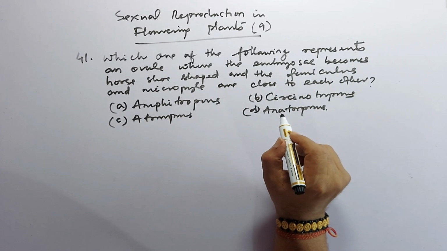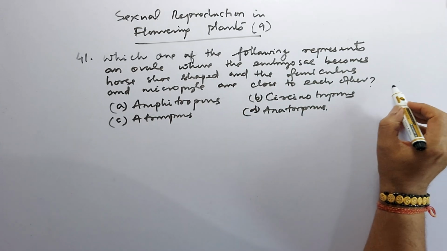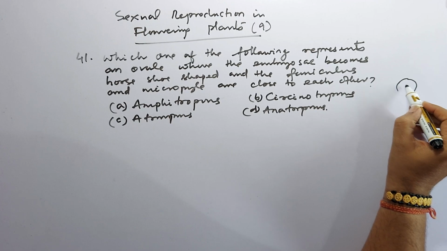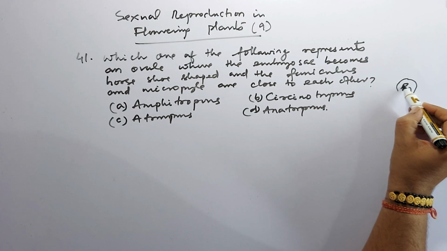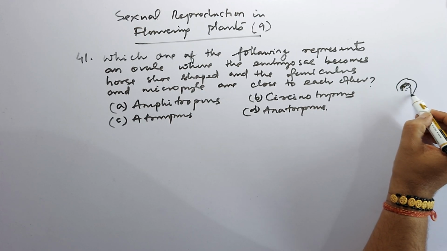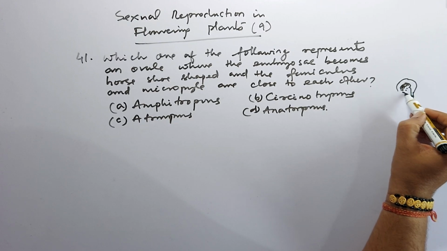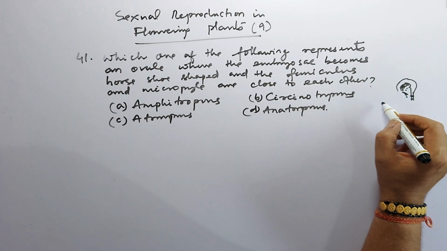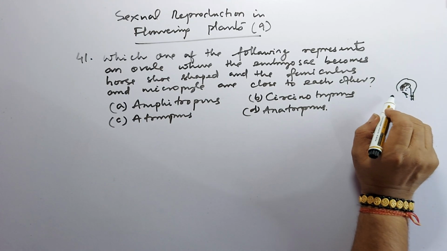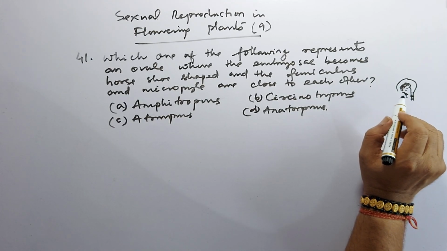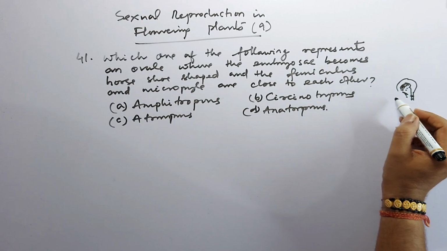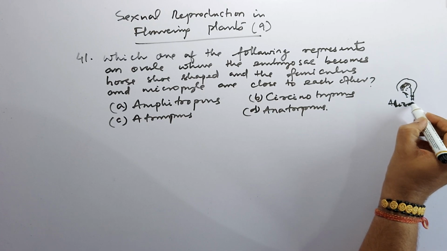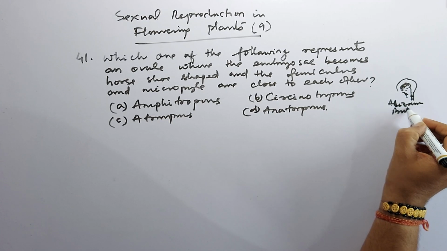So it is important here that this horseshoe shape means there is bending, and the embryo sac as well as the nucellus bend, and the funiculus lies nearer to them. Mainly this is found in the Alismaceae and Butomaceae family.